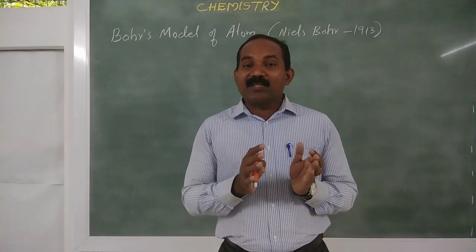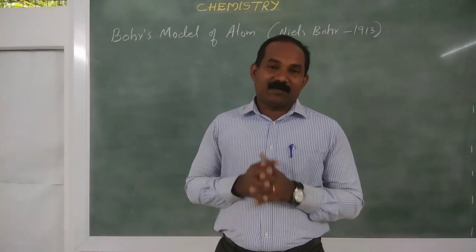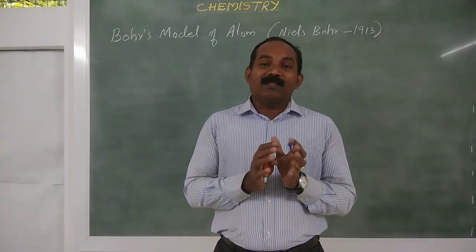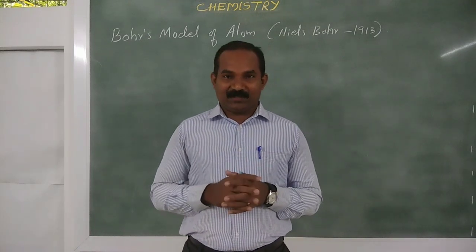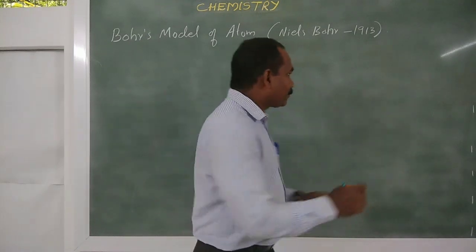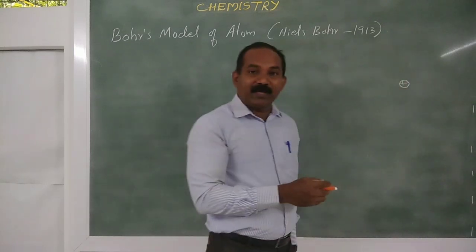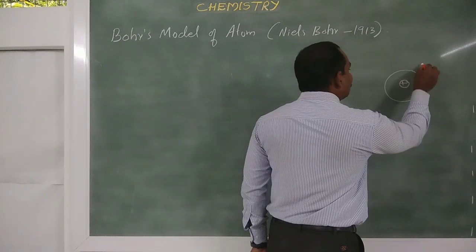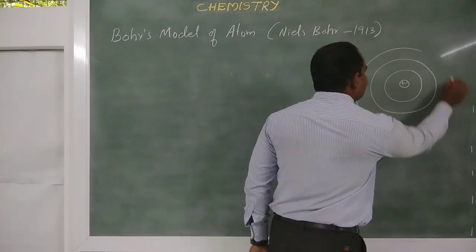The energy of an electron in an orbit is definite. That's why Niels Bohr called them energy levels or energy shells. Imagine the atom has a positive nucleus, and electrons are revolving around the nucleus through selected circular paths.